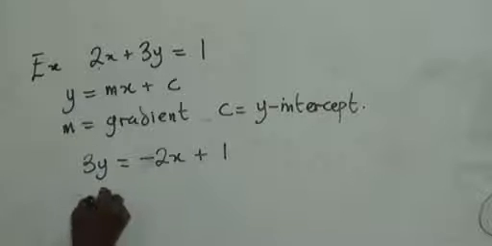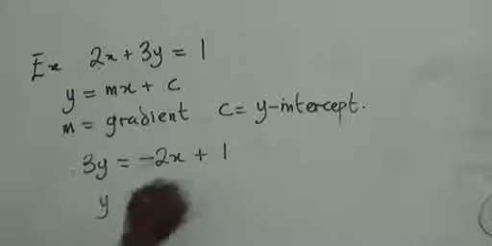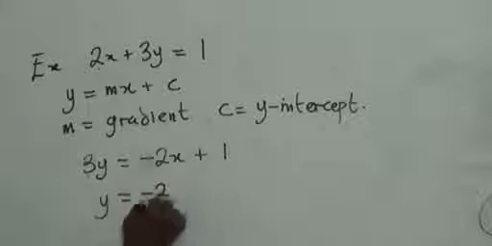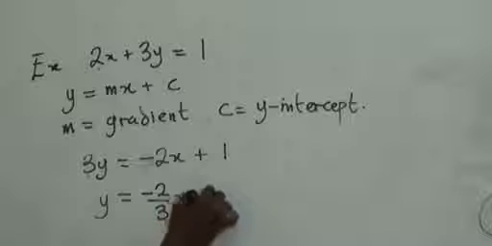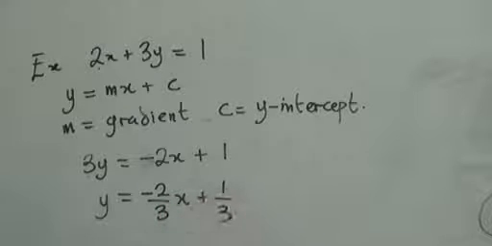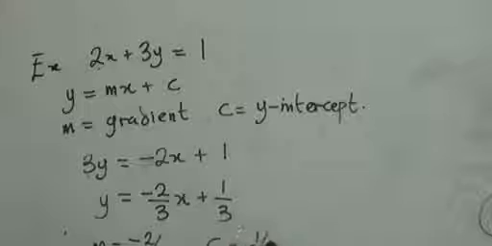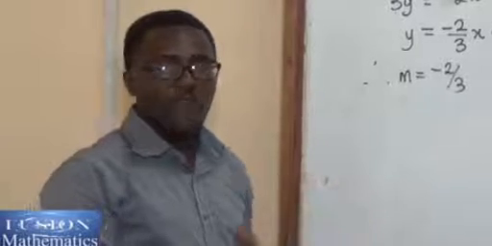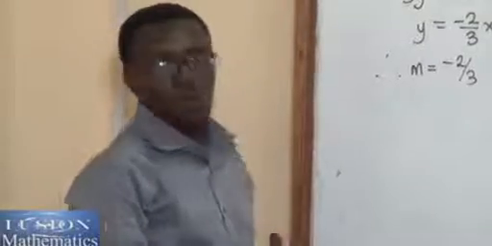So we have y, we take 3 to this side, and it divides: y equals minus 2 all over 3, x plus 1 all over 3. So therefore, our gradient now is minus 2 over 3, and the y-intercept is 1 over 3. So that is how to find the gradient if you are given an equation of a line.